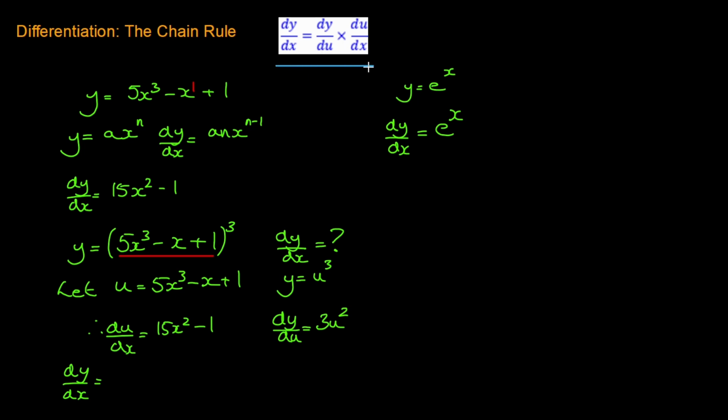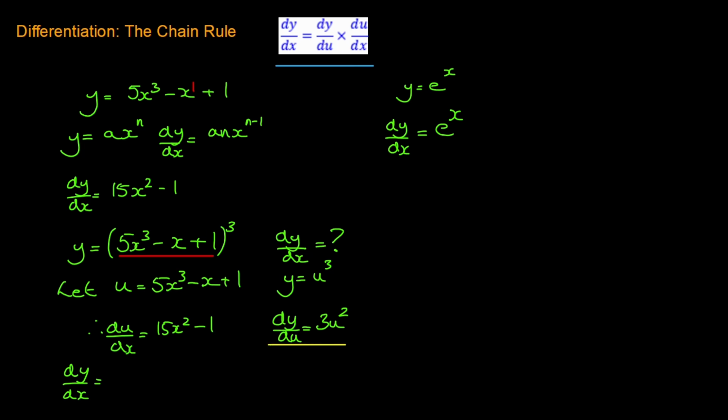Now, it's not a fraction in variables d, y, x, and u, but it's a concept that we can find the differential of a function y with respect to x by substituting u and then differentiating the function with our substitution in it, and then differentiating the substitution itself. So we've actually got the constituent parts of what we need.